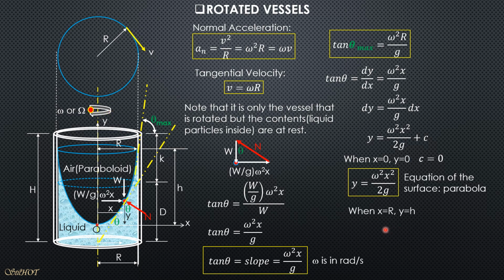So when x is r, y is h. Therefore, the formula for h, the distance from the vortex to the point where the radius is r, is omega square big R square over 2g, where omega again is in radians per second. And since omega times r is tangential velocity, this is also v squared over 2g, or velocity head.